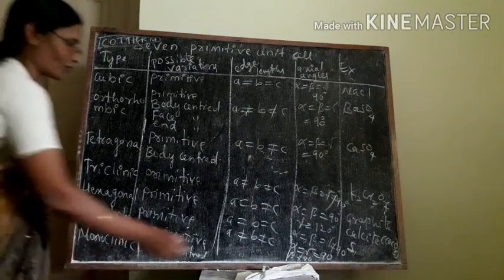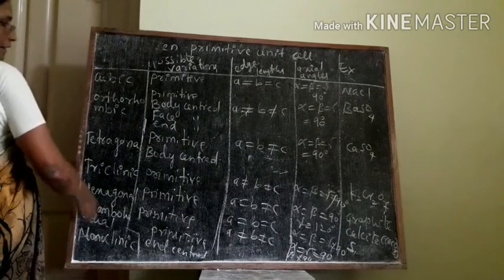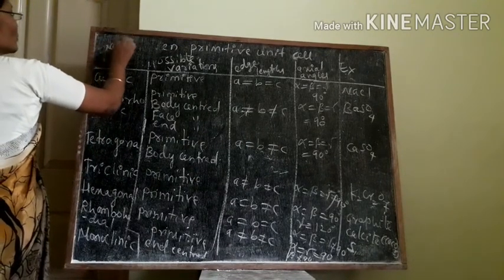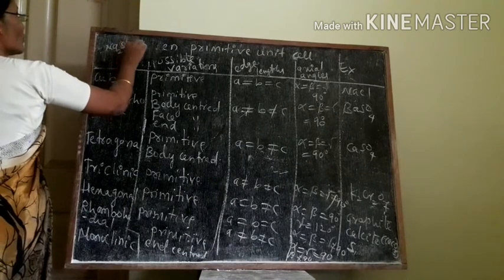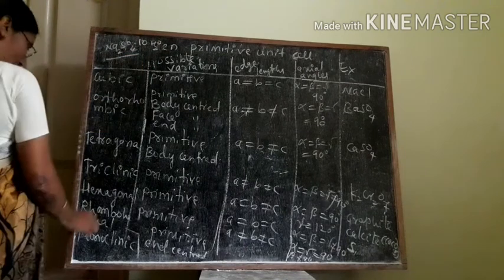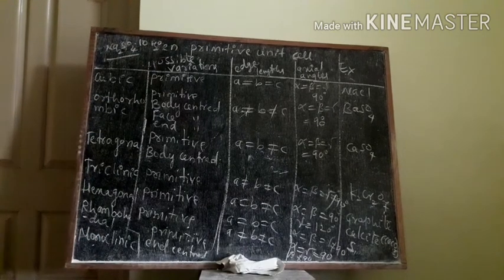The formula of hydrated sodium sulfate is Na2SO4, hydrated meaning 10 water molecules are there. This is the example for monoclinic. So this is a table.